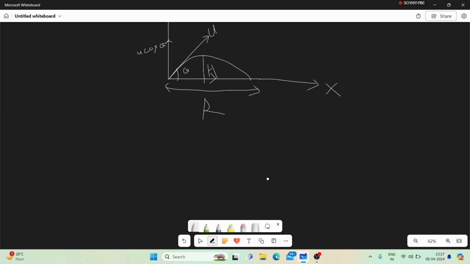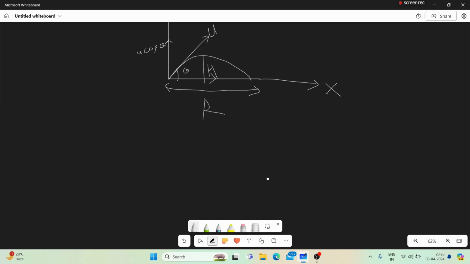So in this figure, point O is the point of projection. A particle of mass m is projected with velocity u from the point of projection at the angle theta with the x-axis, under the acceleration of g, that is the gravitational acceleration constant.